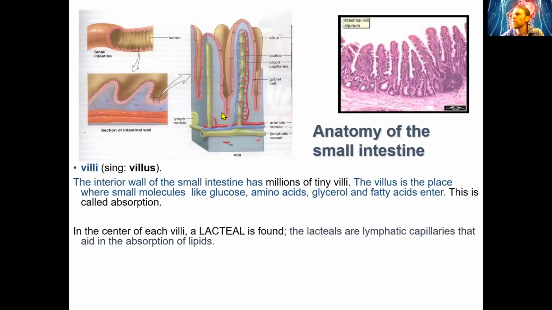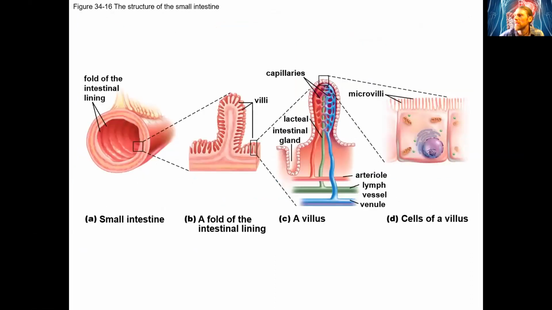So all the nutrients from all the food you eat are absorbed through the cells of the lining of your small intestine. And then you can see here that it absorbs through the cells, and then it's released in the blood. That's basically what happens. It's very important because you need all those nutrients for all the organs in your body. Here's a little bit the same thing.